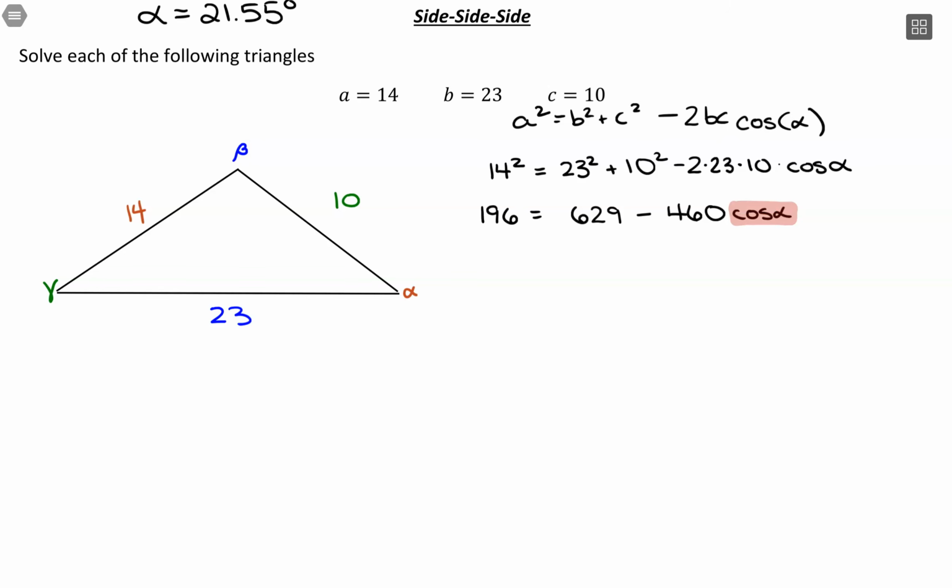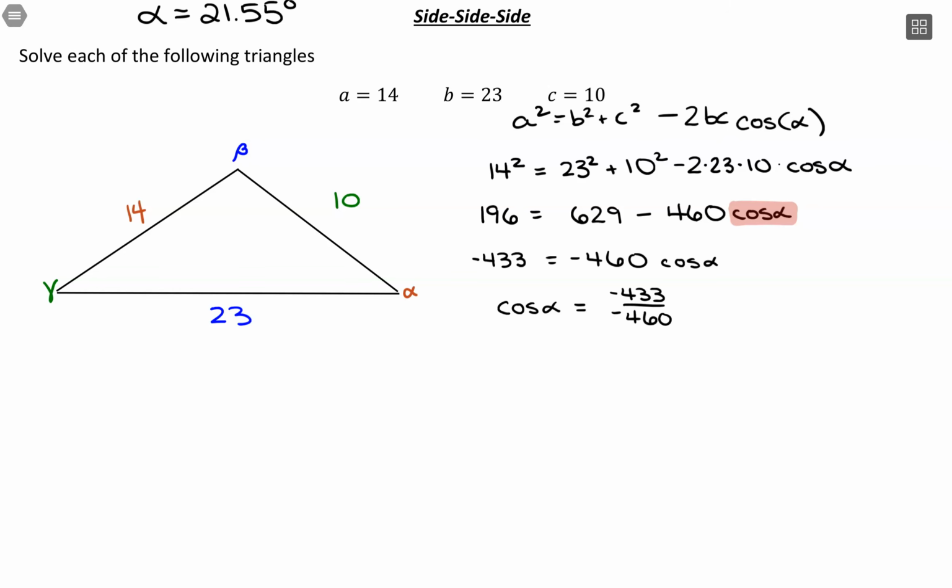So we can do this a few different ways. I'll go ahead and subtract 629 from both sides of the equation. So that would give us negative 433 equals negative 460 cosine of alpha. I'm going to divide both sides by negative 460. So that'll give me cosine of alpha is equal to 433 over 460.